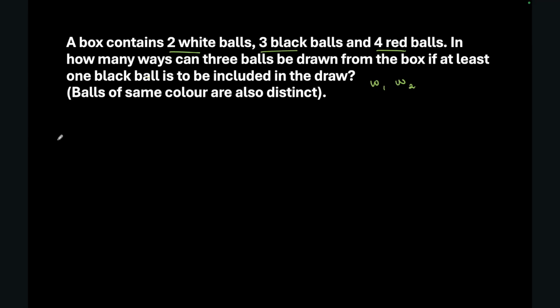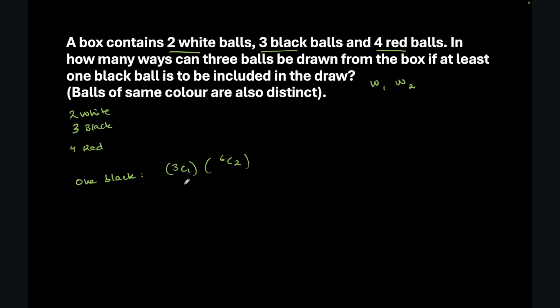Okay, so let's break it apart. Let's write it down. We have 2 white, 3 black, and 4 red. So we need at least one black. If we have one black that's taken, we'll have 3C1 times 6C2.